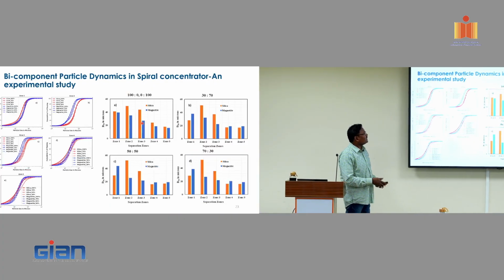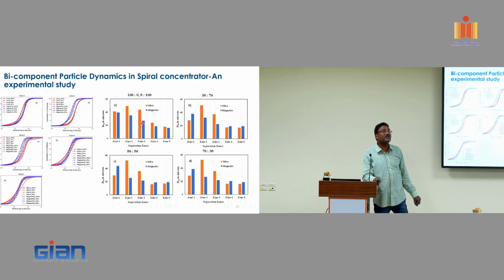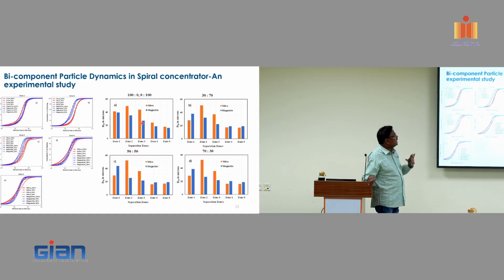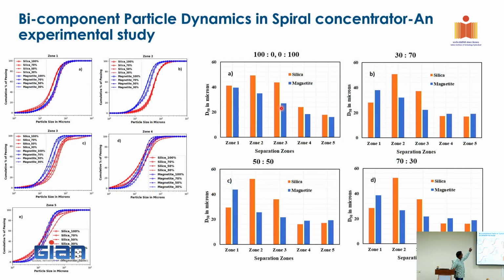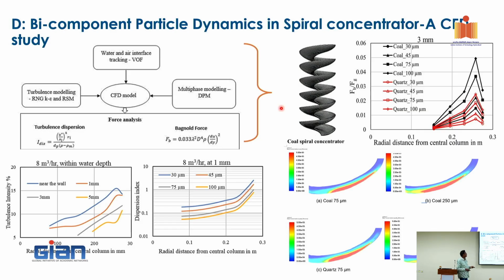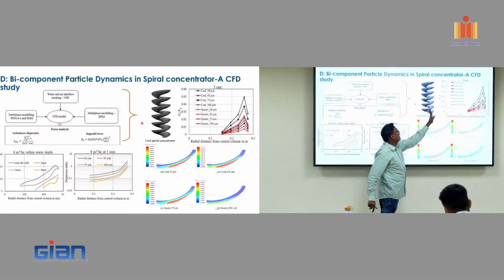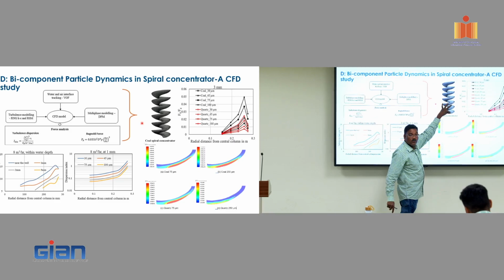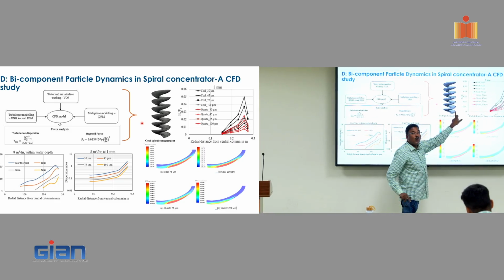Utilizing this, we further conducted experiments, where we used magnetite and silica. These are zone 1 to zone 5, right? If I go back to the spiral, at the end of the spiral, if you look at the trough section, we divided that section into 5 zones. Zone 1 is the very inner zone, and zone 5 is the outer zone.